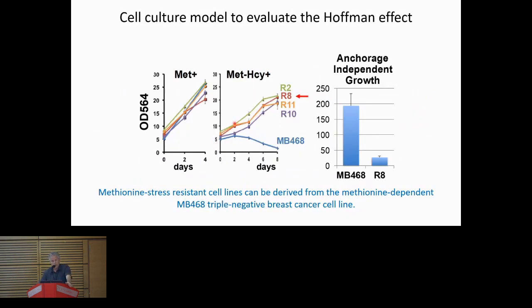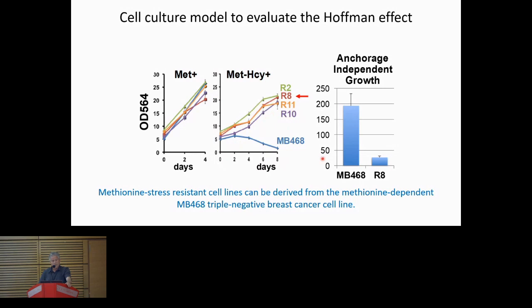Through colony growth, we can generate a series of methionine resistant cell lines. When we let them grow in methionine restricted media, they grow just as fine as normal cells do.